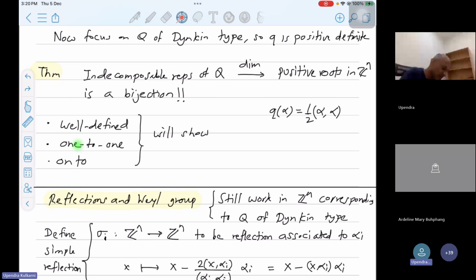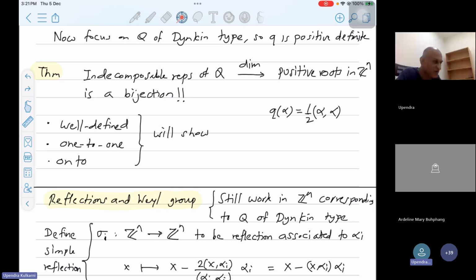So that means that I have to show that the map is 1-to-1. In other words, if I know the dimension vector of an indecomposable representation, I can recover the representation. And second, the map is onto, that every single root is realized as the dimension vector of an indecomposable representation. It really is a very crisp theorem. Okay. So this is where we are headed.